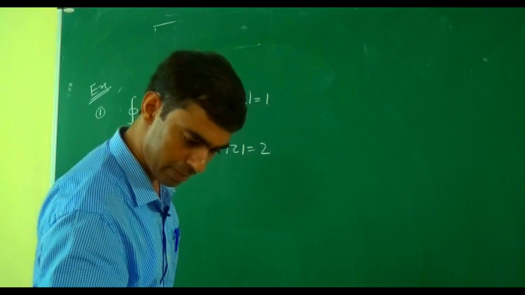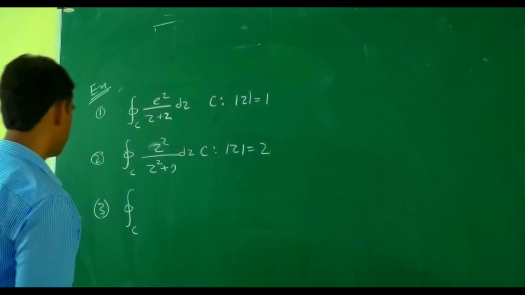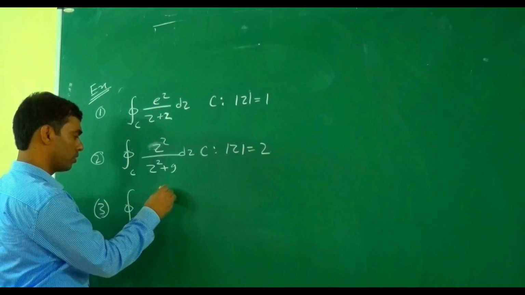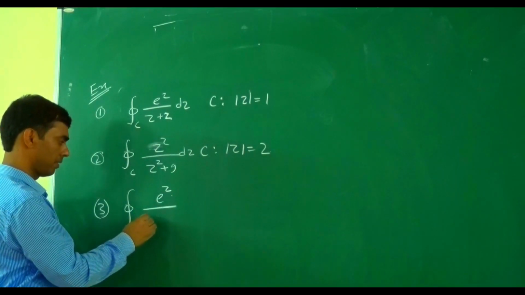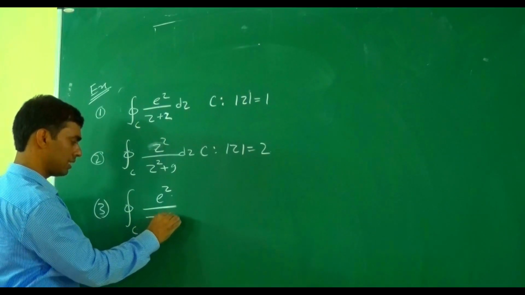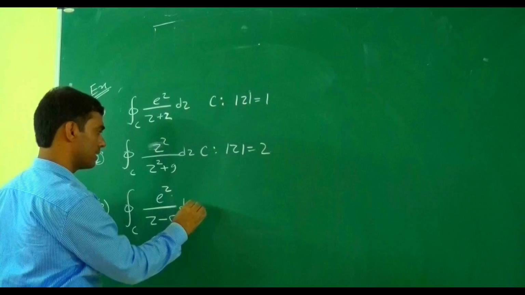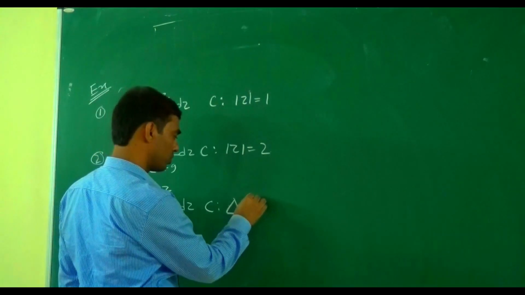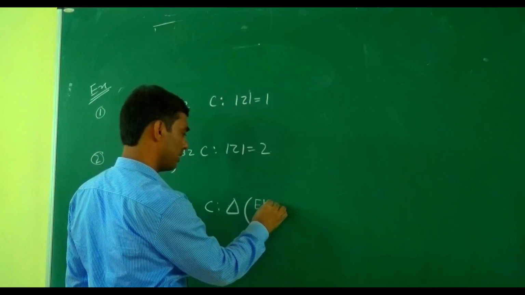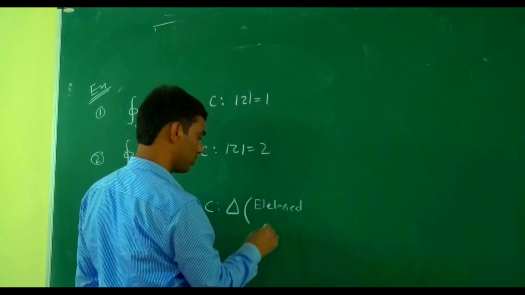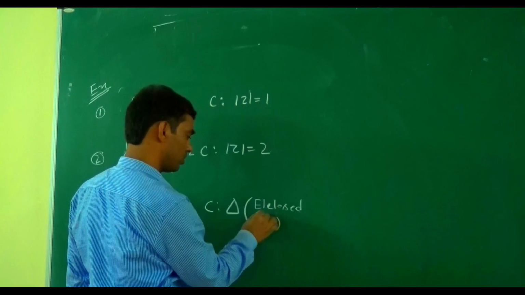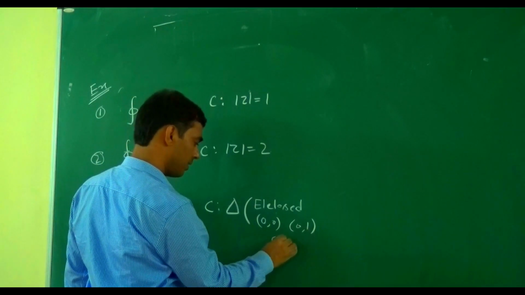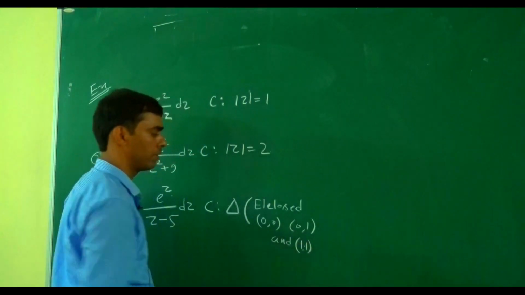So here if we write, this one becomes what? e to the power z divided by z minus 5 dz, where C is in this form, meaning a triangle enclosed by the boundary with vertices 0 0, 0 1, 1 1, and 1 0.